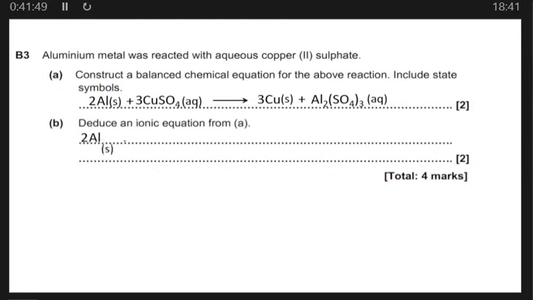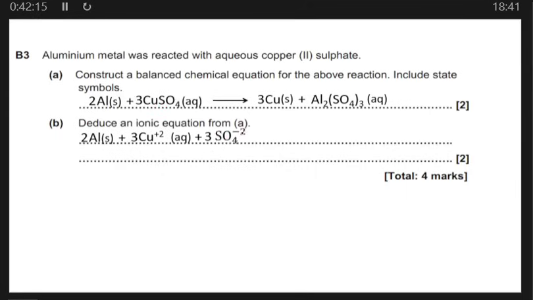aluminium solid plus, so this one will be split here, so have 3 copper charge 2 aqueous. Then since you have split here you say plus again, the other part you have split, since this 3 is being shared by everything here, you say 3, then you write sulfur.